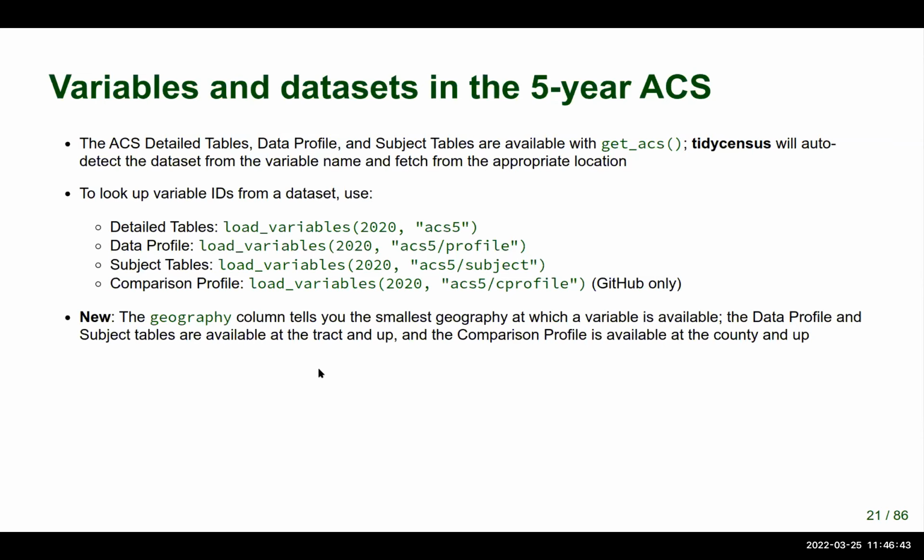I will show you how to do this a little bit later. Another brand new feature that's just in the GitHub version of tidycensus tells you in the detailed tables the smallest geography at which data are available. I want to show you briefly how this works.